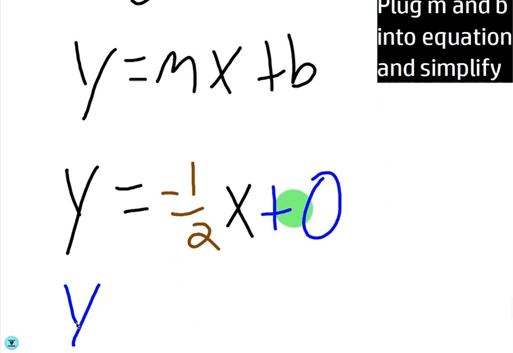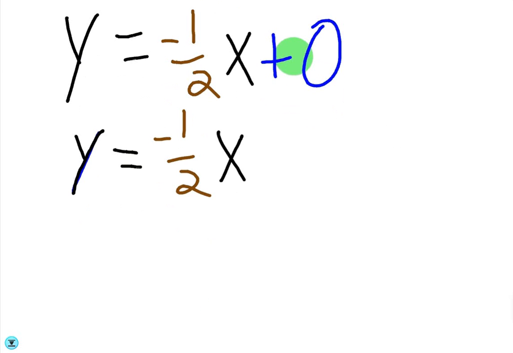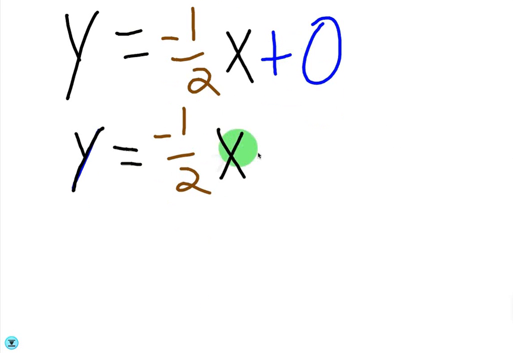No, so it's actually going to be just y equals negative 1/2 x. That's the equation, okay? So it looks like there's no b, it's 0, but you don't have to write it because it simplifies to that. So if you ever see an equation like this, where it just has a slope and the x term, then you know that the y-intercept is 0.